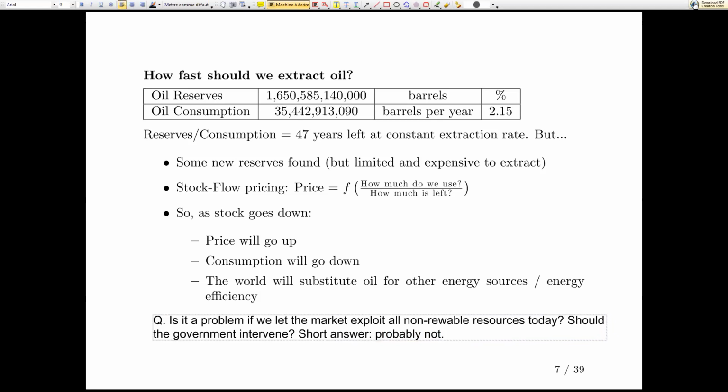And if we burn it at this rate, then it's just the stupidest thing ever. So we should really worry about this. Question is, would the free market burn it if we knew that oil was just going to become so precious in the future?